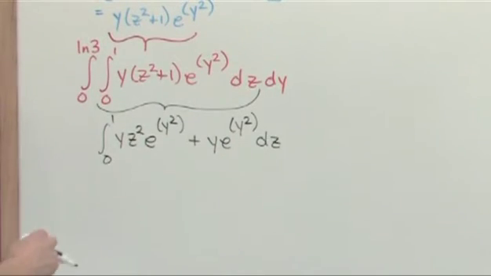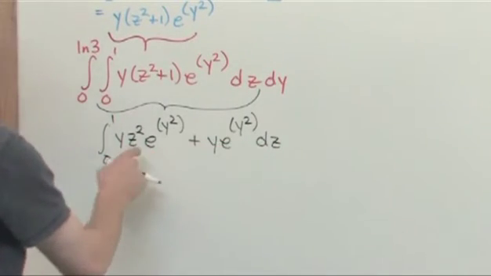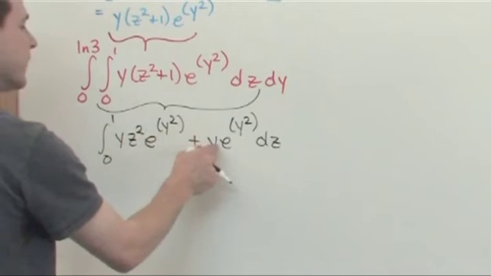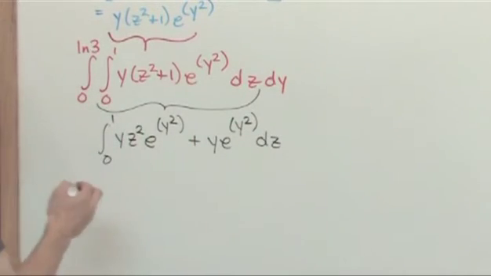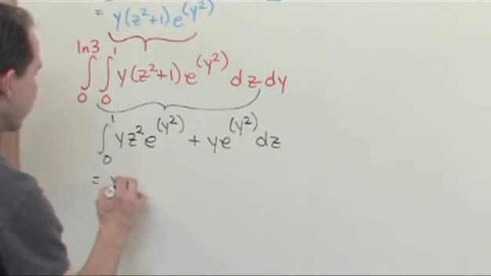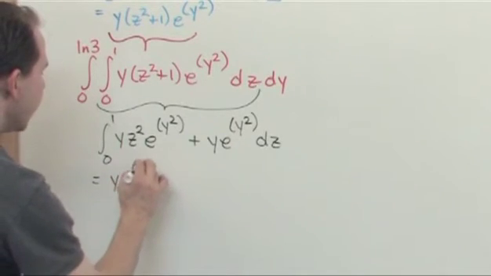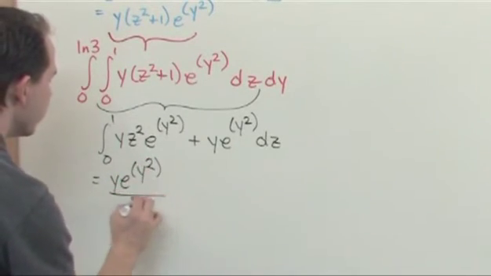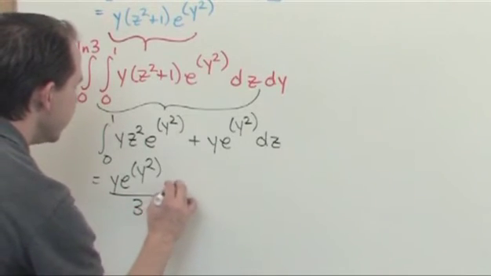The reason is because now it's much easier to see how to integrate it. I'm integrating along z, so y is a constant, y is a constant, y is a constant, y is a constant. So, because they're all just simply constants, what I have is y times e to the y squared over 3 times z cubed.